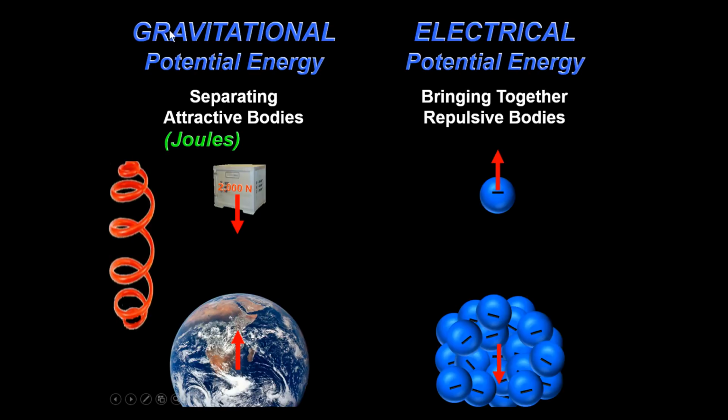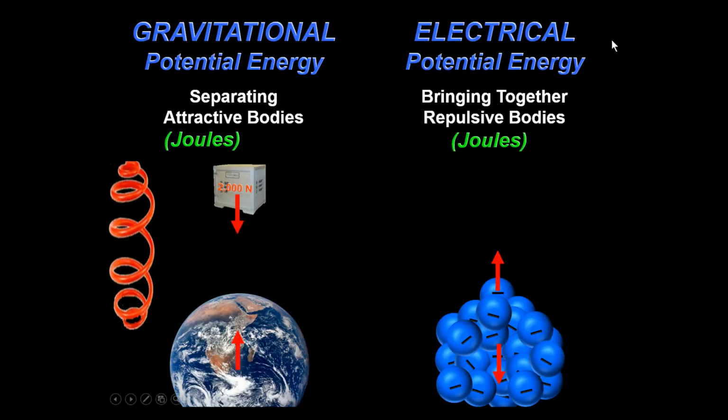Now, that was gravitational potential energy. Electrical potential energy is very similar, except these charges are repelling that charge. They're pushing it away. So if we take that charge and push it to where it doesn't want to be, it took work to do that. And we've given it energy, also measured in joules.